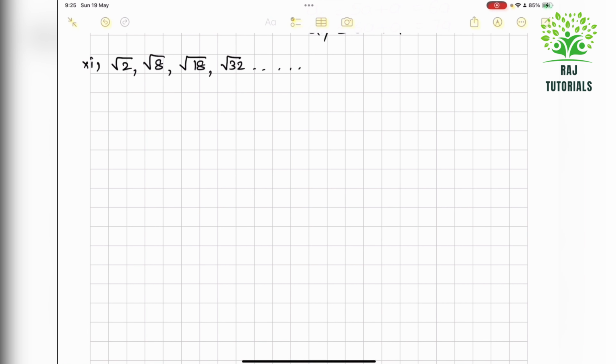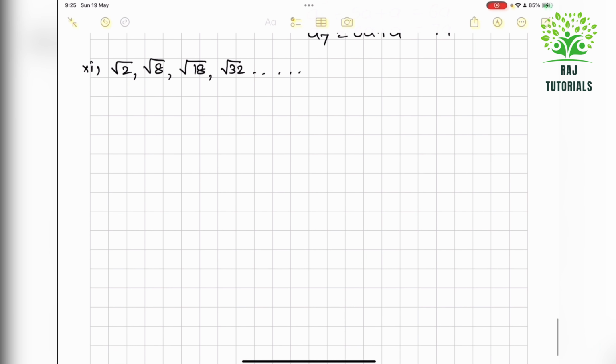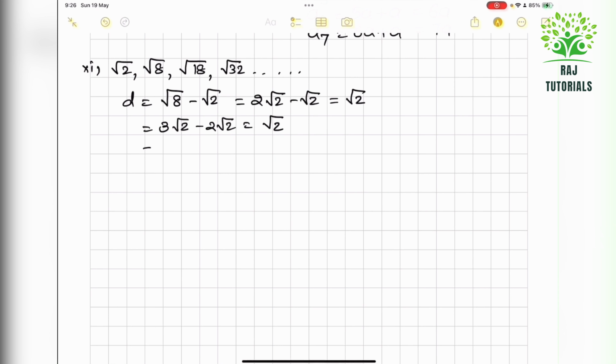11th one is root 2, root 8, root 18, root 32, and so on. So D will be root 8 minus root 2. Root 8 I can write as 2 root 2 minus root 2, so that will be root 2. Root 18, if I take 9 outside, will be 3 root 2 minus 2 root 2, so that will be root 2.